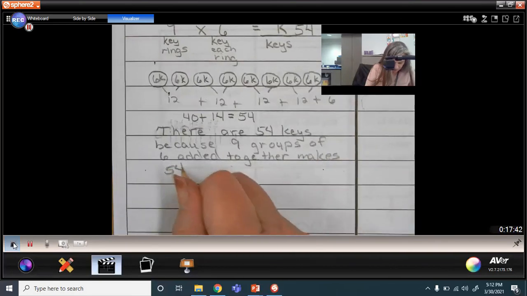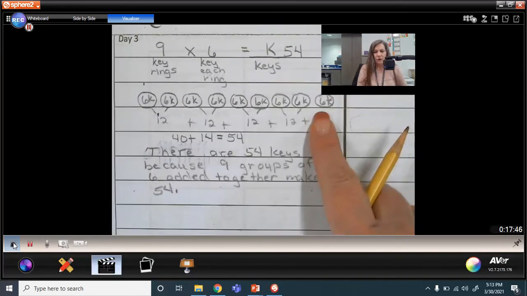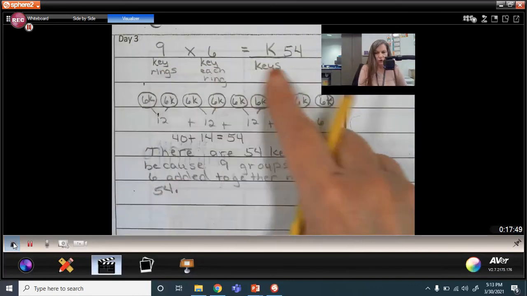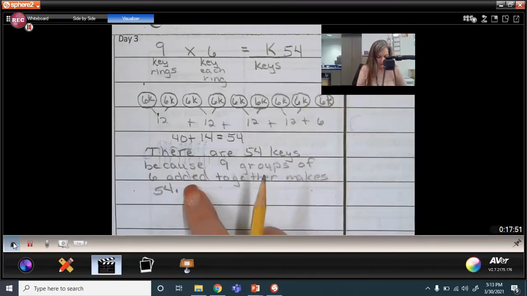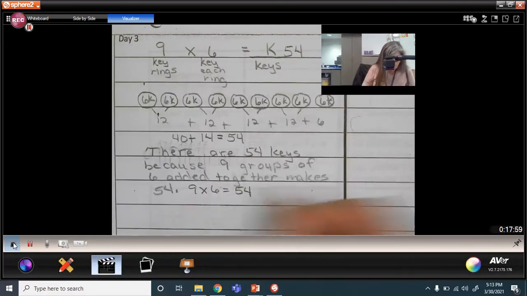And now you've shown me a model. You've written an equation to show how you would solve it, and you've given me a response by showing that in my equation.